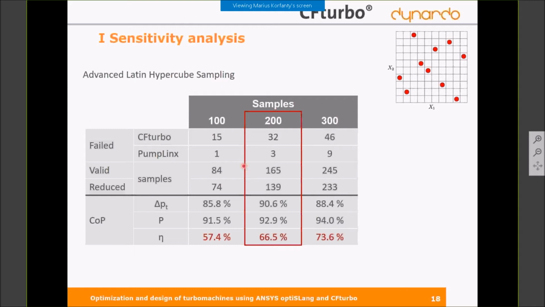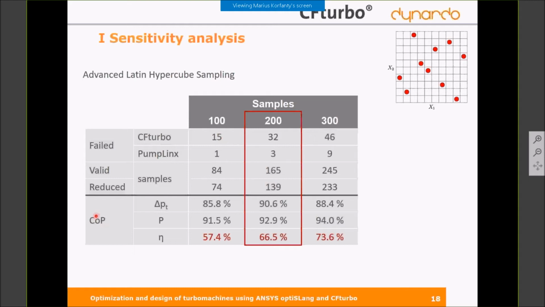In all cases, we can say that about 85% of the samples were valid, 15% failed due to unreasonable geometry parameters, and about 2–3% due to simulation errors.